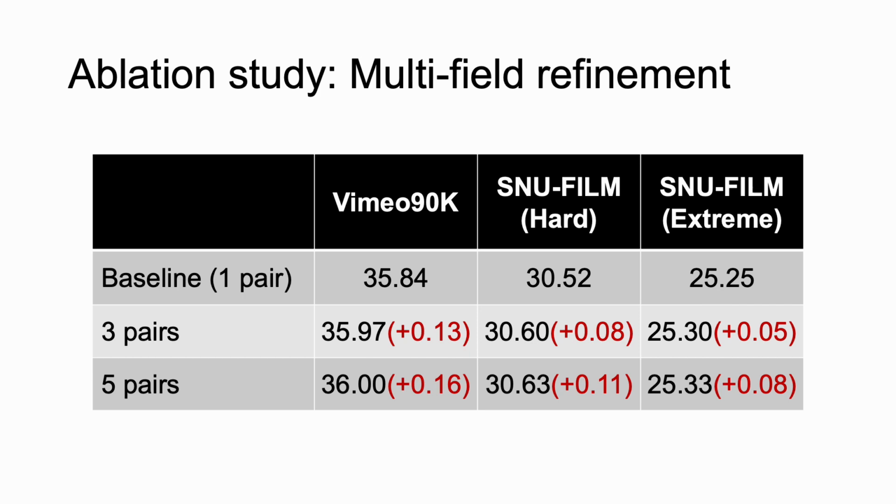Then we test the effect of our multi-field refinement compared to the baseline, which has only one pair of flows. The network with multiple flows diminishes the ambiguity in occluded regions and achieves better performance. Note that this operator is very efficient and plug-in, so you can use it in any VFI network for better performance.